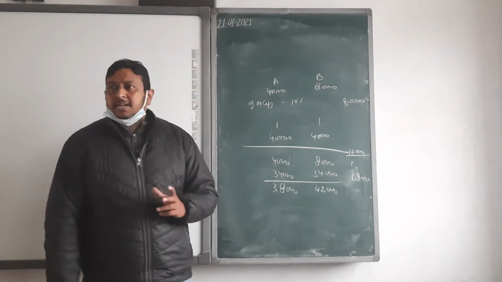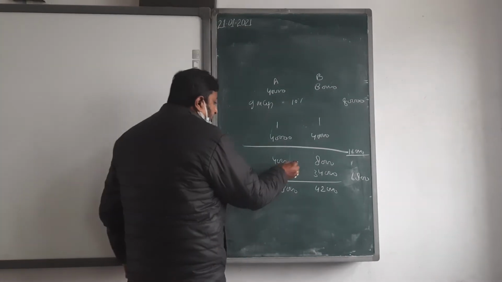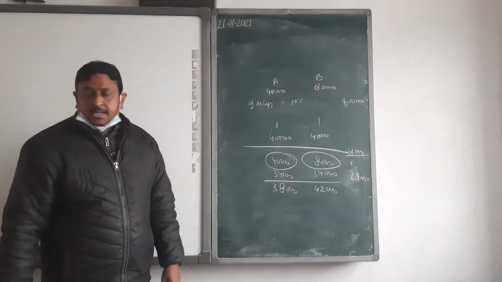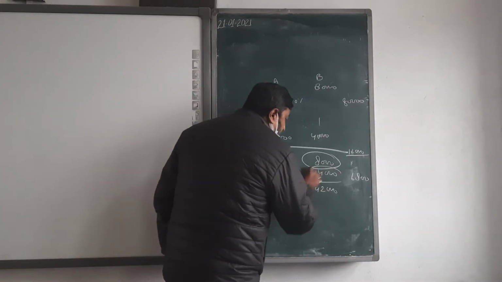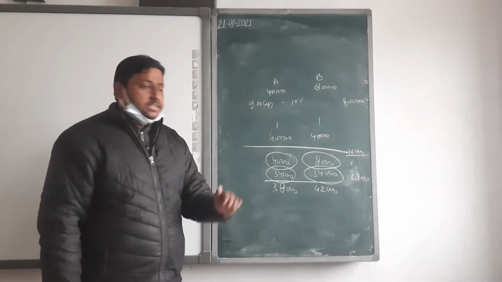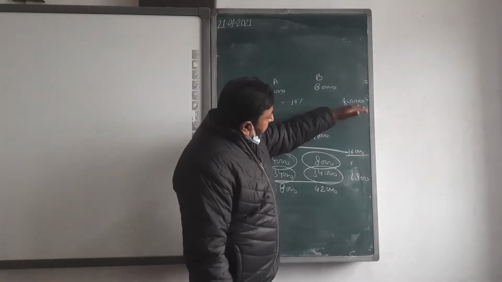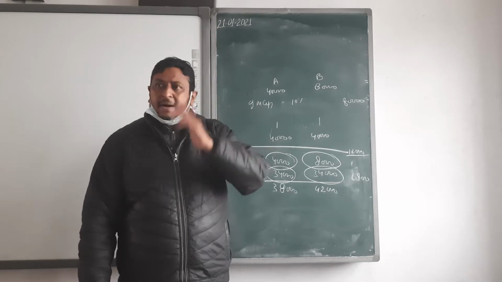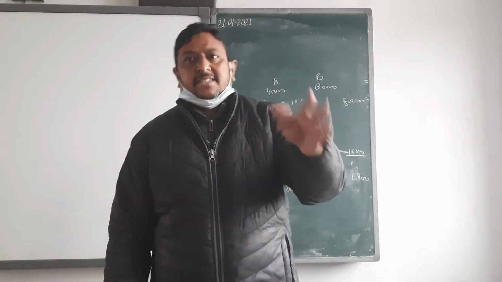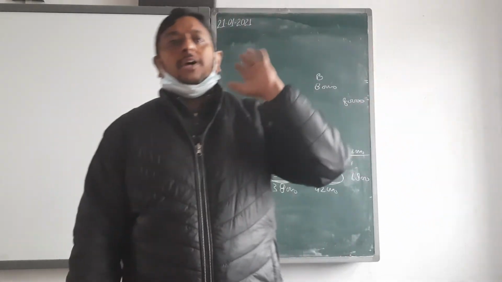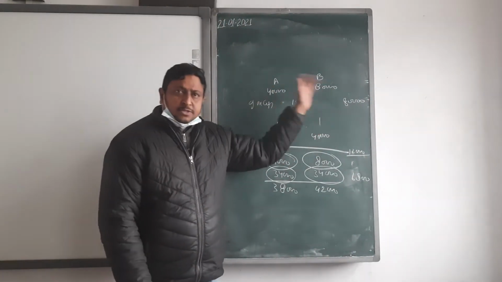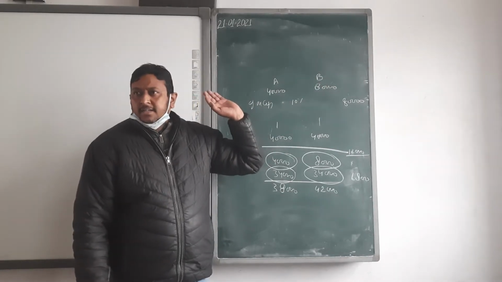Actually, the main problem is that this interest on capital is also for the partners, and this profit is also for the partners. The only problem is the ratio of distributing this amount. This whole 80,000 will be distributed to the partners only. Maybe as interest on capital, maybe as salary, maybe as interest on drawing, maybe as commission. But all of it is taken by the partners only. Okay?